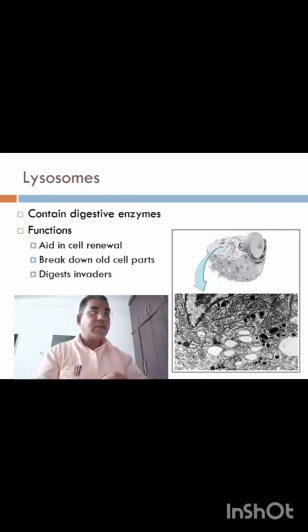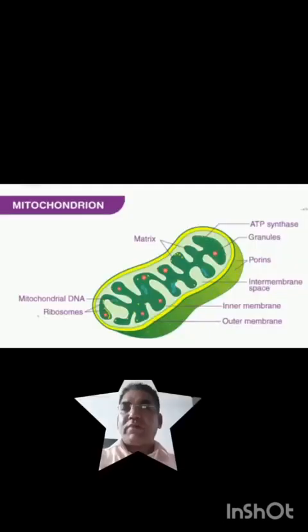So these are also known as suicidal bags. In such a condition, they digest their own cell. So lysosomes are the bags which are filled with the lytic enzymes, digestive enzymes.